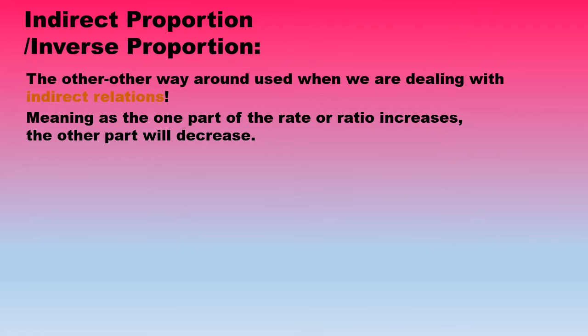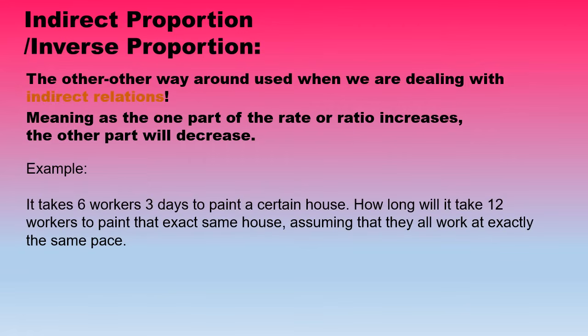Remember, the pirate method has a direct proportion or direct relation. As the one goes up, the other side also goes up. The more chocolates you buy, the more you're going to pay. So what is an example of an indirect proportion? It takes 6 workers 3 days to paint a certain house. How long will it take 12 workers to paint that exact same house, assuming they work at exactly the same pace?